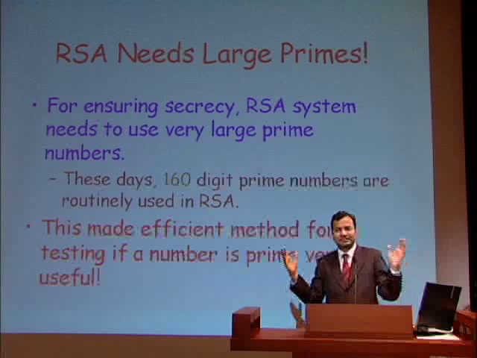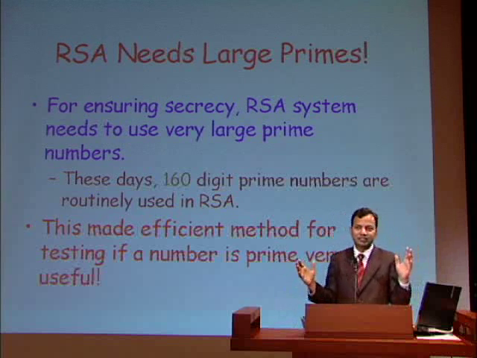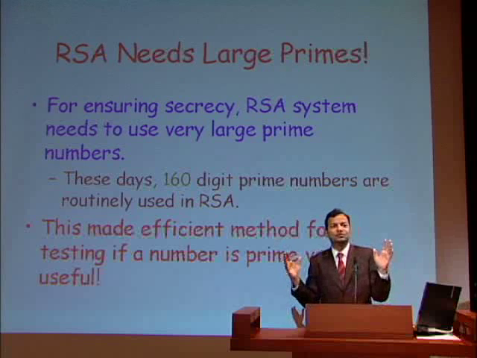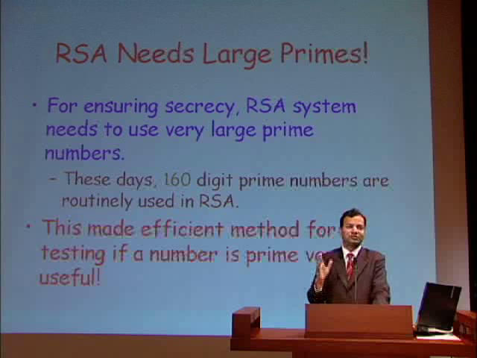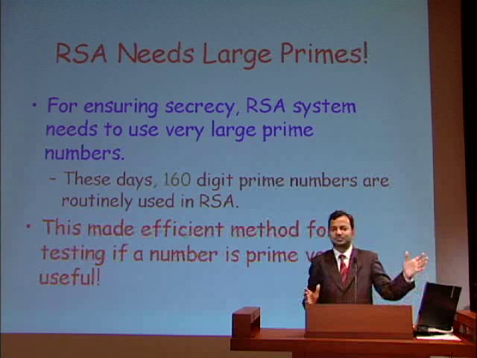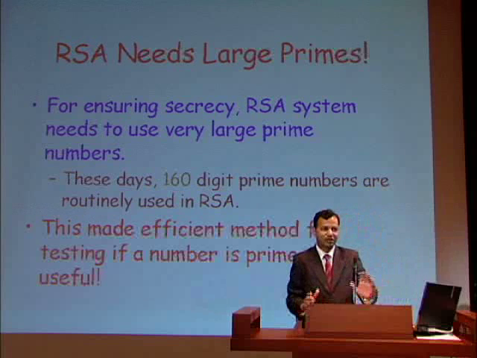Now, for a 160-digit number, which is of the order of 10 raised to 160, to test if it is prime, we need to know a really fast method, otherwise it will take forever. If one runs the sieve of Eratosthenes, for example, over here, then it will take forever. It will never halt.